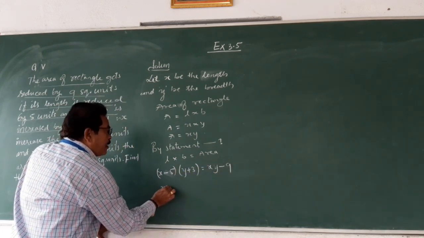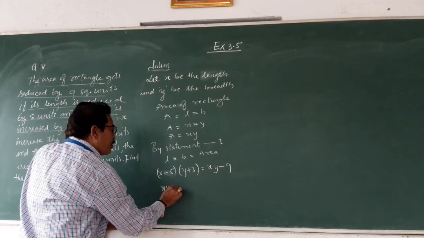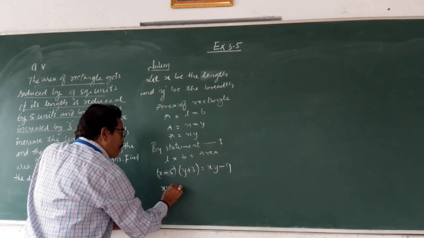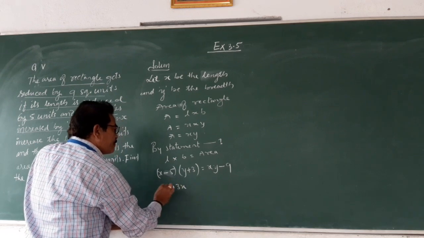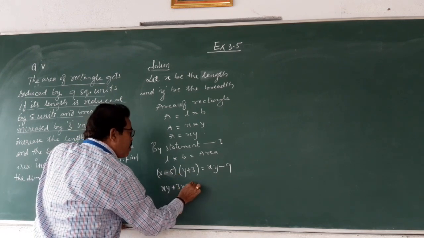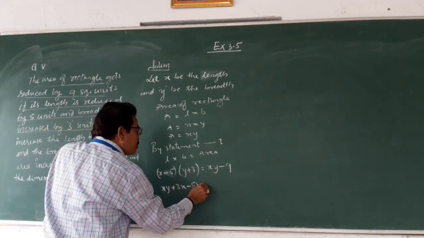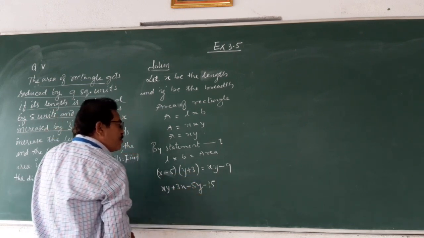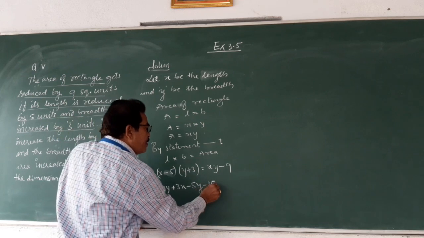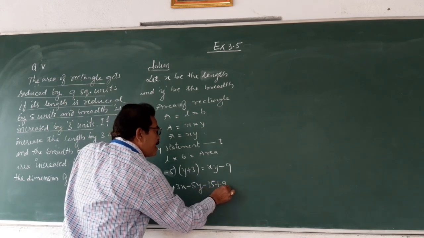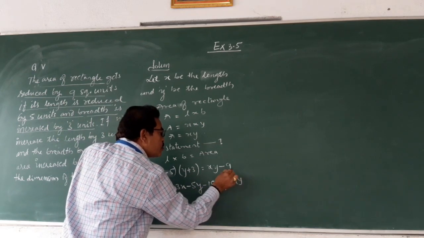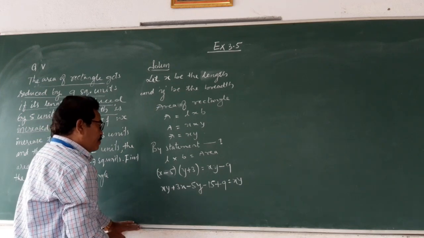Okay, xy plus 3x minus 5y, minus 5 times 3 is 15, plus 9 equals xy.